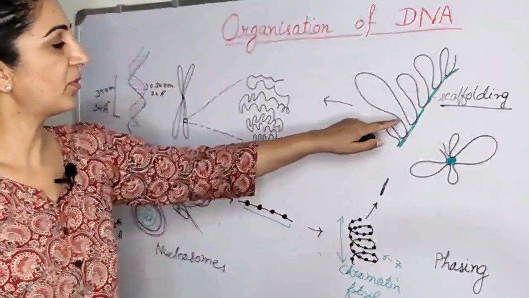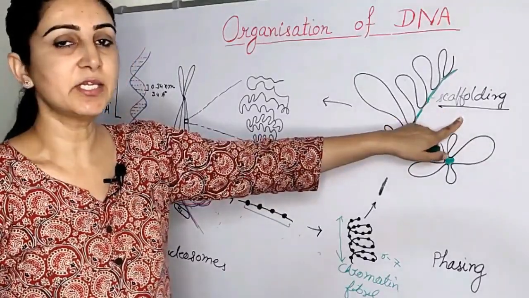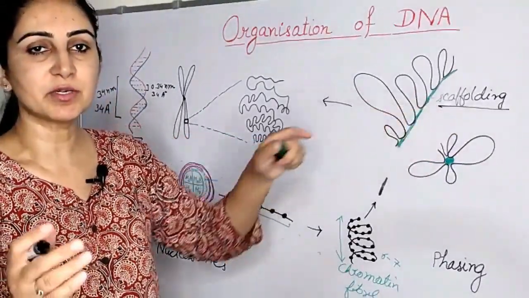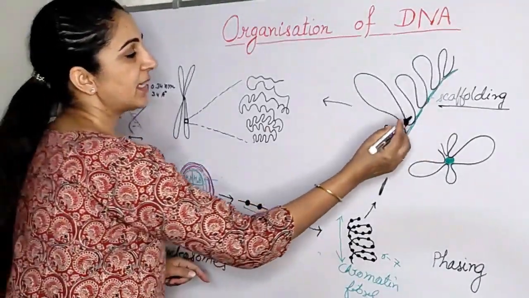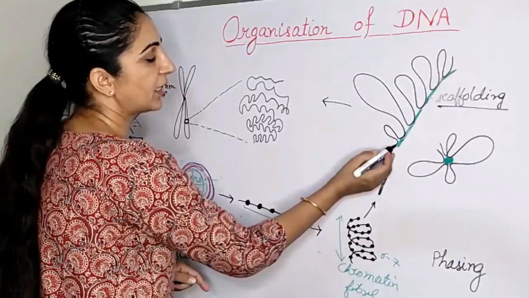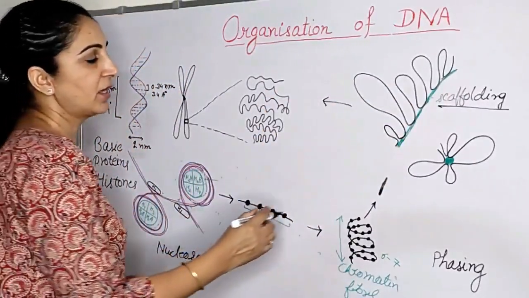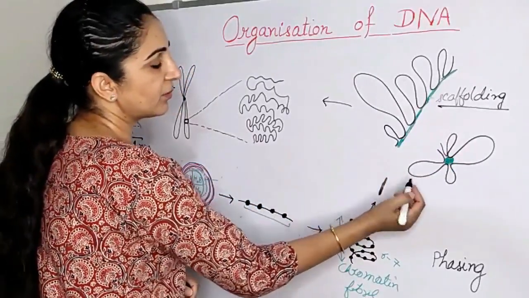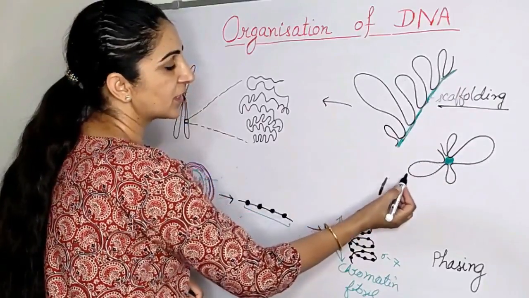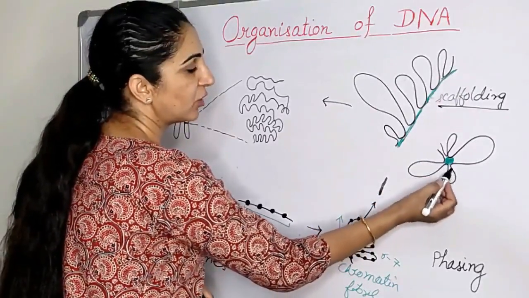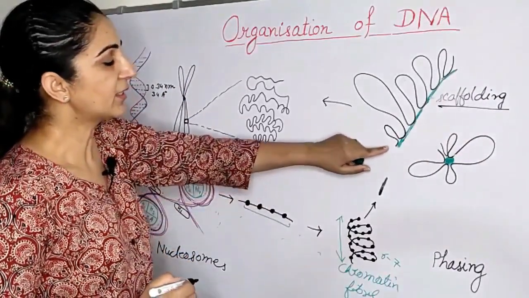It is actually made up of proteins inside the nuclear matrix, or we can say the nuclear matrix is made up of many proteins, and these proteins act like scaffolding for attachment of these loops of the chromatin fibril. If we see in the cross section, it can be shown like this. This is the scaffolding, and these loops are attached to this scaffolding all around it. So we get a structure like this.